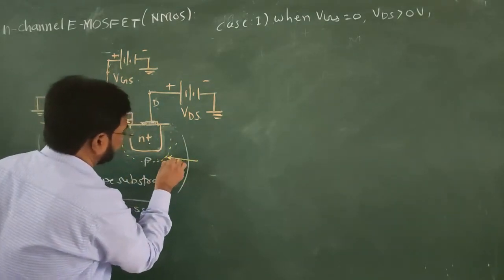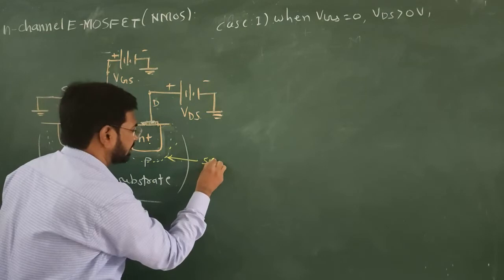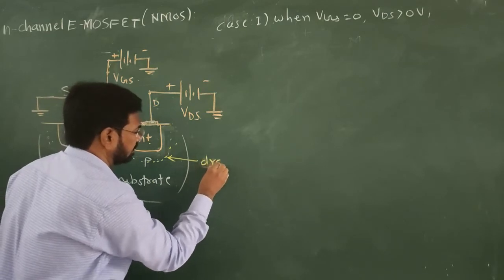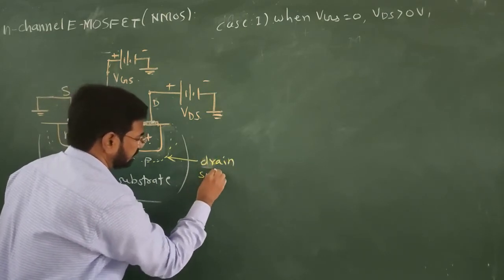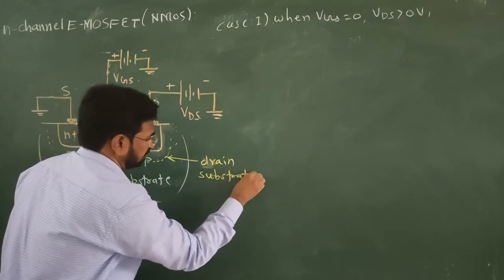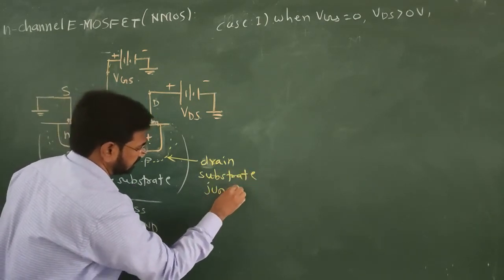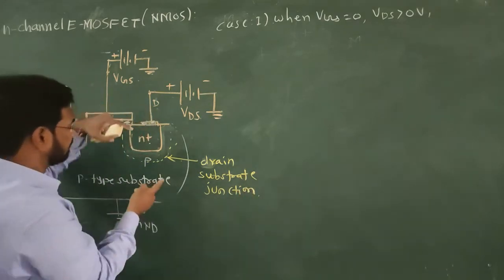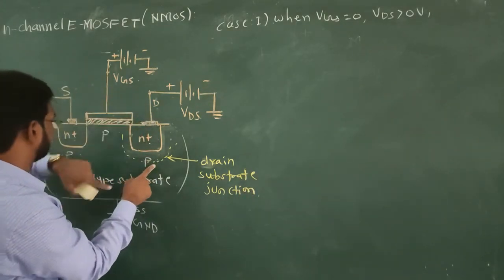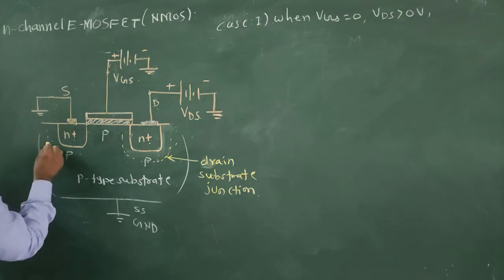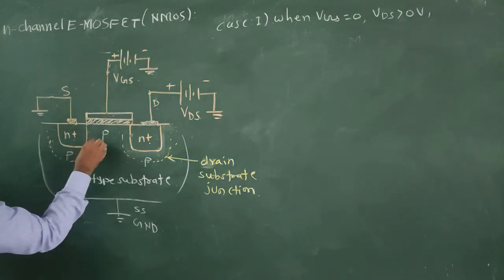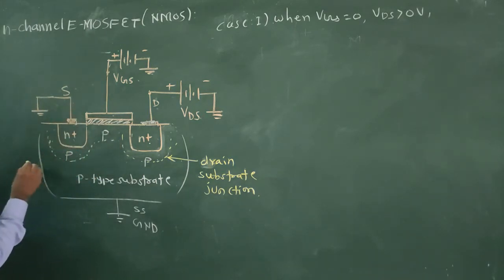So, here we have the drain substrate junction. See, there is a depletion region between this P and N plus. Here also we have a junction and it is between source and substrate. So, this junction is the source substrate junction.